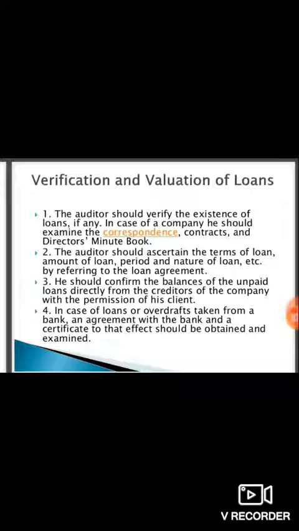First of all, he should see the correspondence, who is involved, from which kind of financial institutions the company obtained loans, and the contract between the creditors, and the creditors are the financial institutions, and the directors minute book.